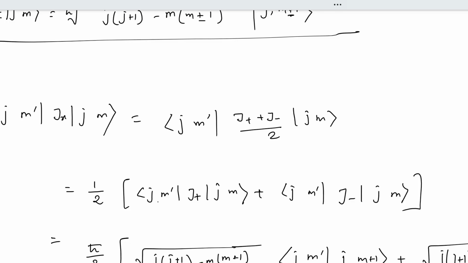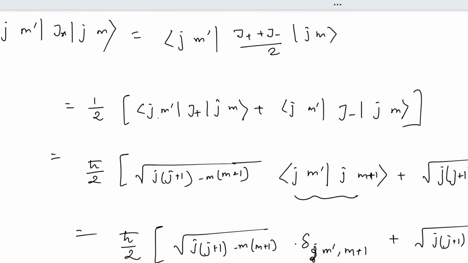So this is the case. Now you know that this is like a Kronecker delta form, because this inner product will only be non-zero if m prime is m plus 1, and for the rest of the values this will be orthogonal, so this will become 0. So you have root of j(j plus 1) minus m(m plus 1) Kronecker delta m prime, m plus 1. So this is a Kronecker delta, you know the meaning. Plus root of j(j plus 1) minus m(m minus 1) Kronecker delta m prime, m minus 1.